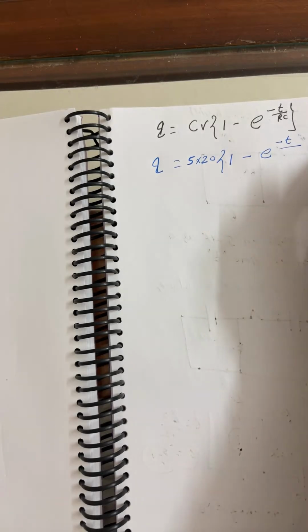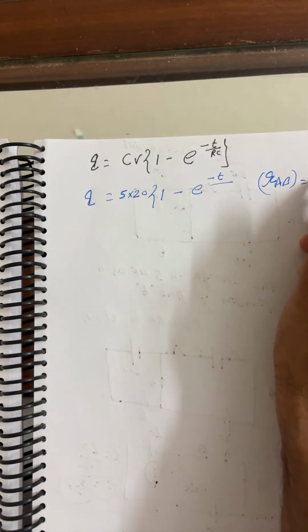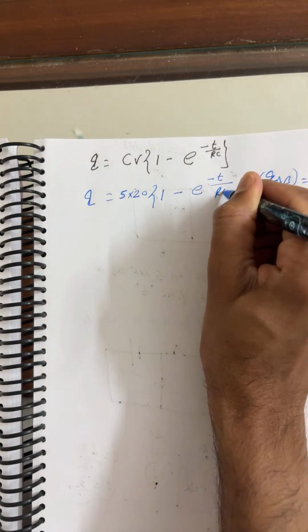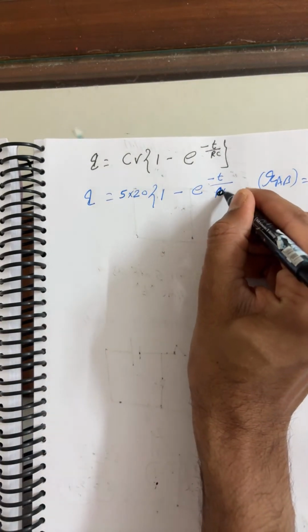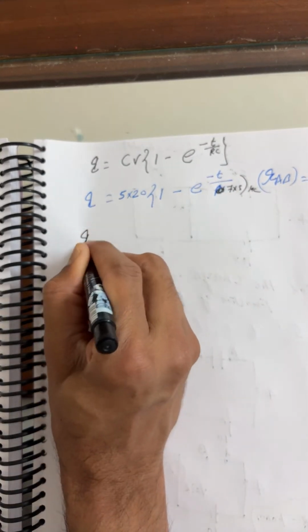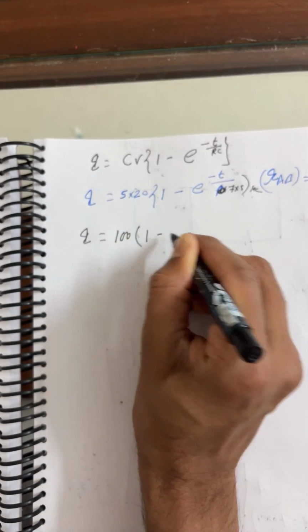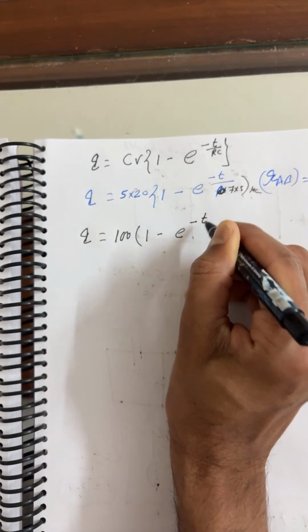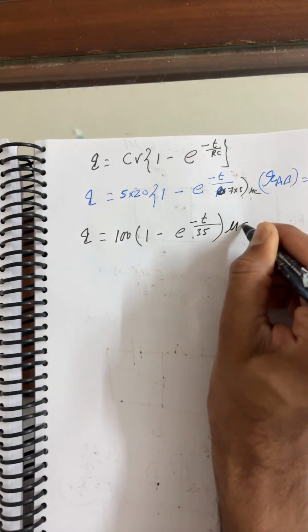So 7 into 5 in microcoulomb. So finally the answer is 100 times 1 minus e to the power minus T by 35 microcoulomb.